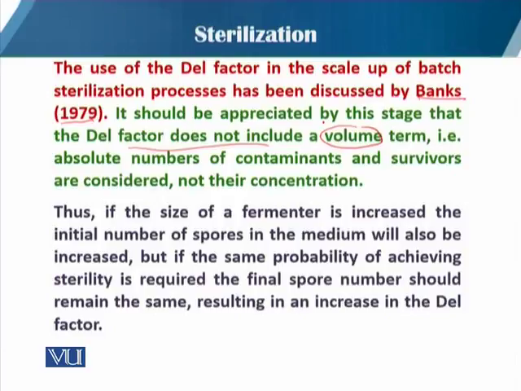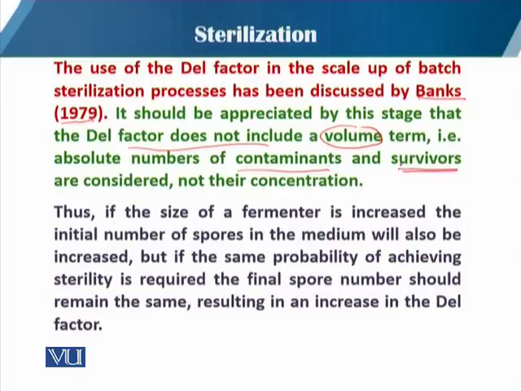As we have discussed in our previous module, when we are dealing with the sterilization process, apart from the volume of the medium, we are just focusing on the viable number of organisms. In other words, the number of the contaminants and the survivors, after a treatment which we call sterilization treatment.